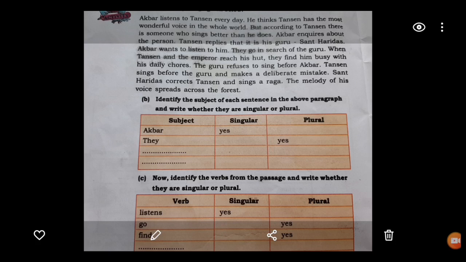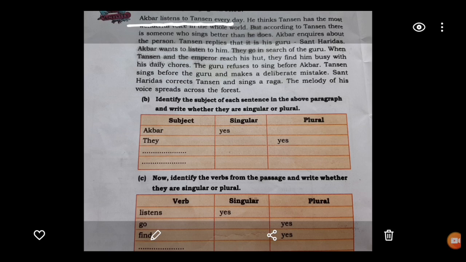അത് കഴിഞ്ഞു പോയ ഒരു ആക്ടിവിറ്റി അല്ല. And that is also not at all a future activity. Future activity അല്ല. That is an activity done in the present. പ്രസൻറ്റിൽ നടന്ന ഒരു സംഭവമാണ്. Akbar listens to Tanzan every day. Now this sentence. Look at this. Which is the verb in that sentence?